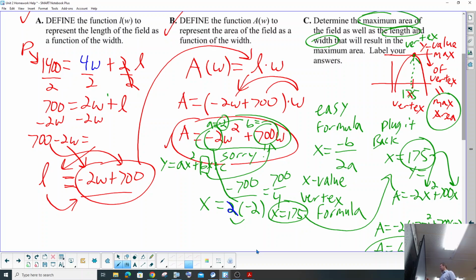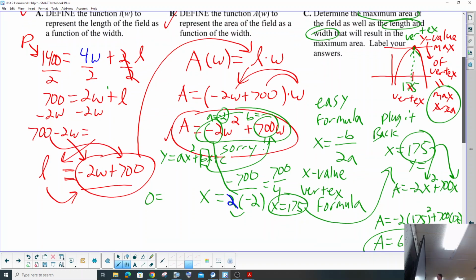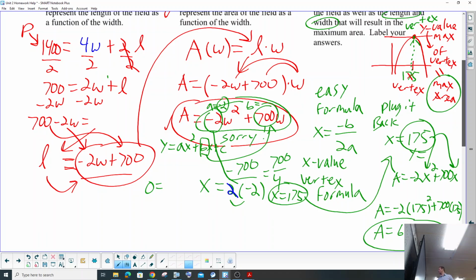So we had to take our area, which we weren't sure about, and we set it equal to 0 to get our width. So we found our width. I think our width was our x value, and then our y value was the maximum area, right? Let's take a look. So we solve for w. How do you solve for w?